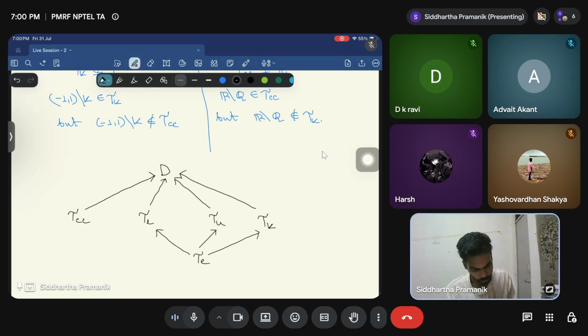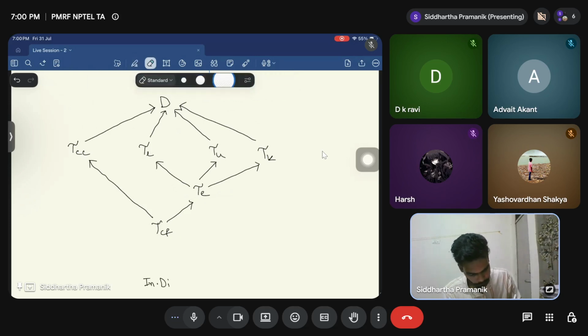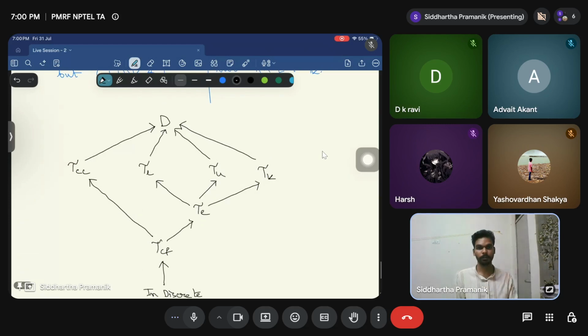But the co-countable topology and the Euclidean topology are not comparable. The cofinite topology is strictly smaller than the Euclidean topology and strictly smaller than the co-countable topology. And at the bottom we have the indiscrete topology. So this will be the overall picture.